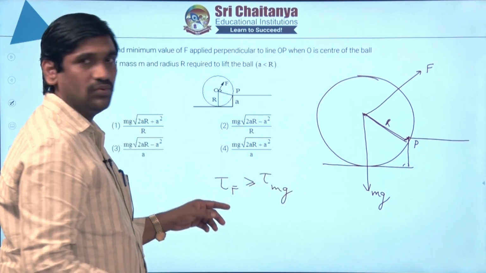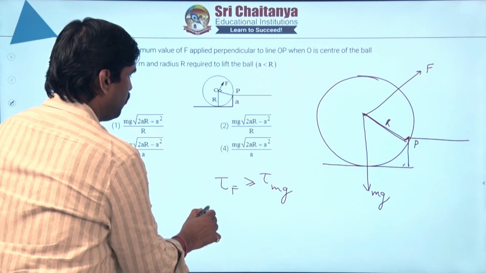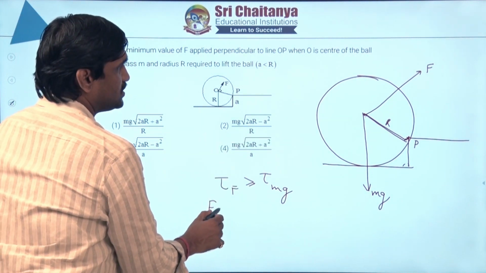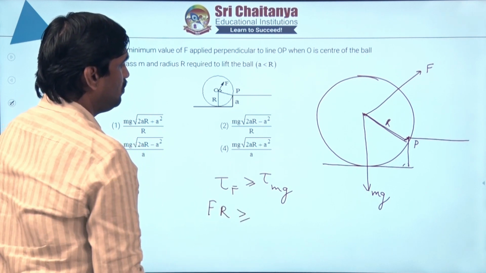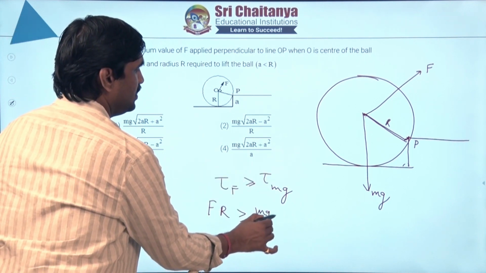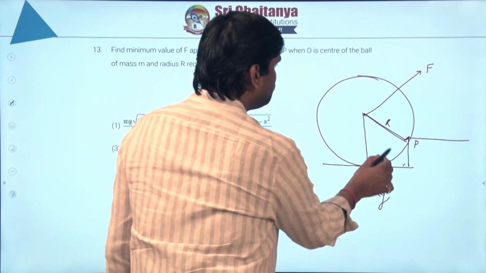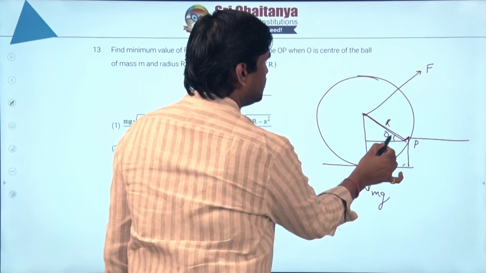Now, the torque due to F is equal to force into its perpendicular distance, that is R, greater than or equal to torque due to mg, that is weight mg into its perpendicular distance from it. This is the perpendicular distance. Let us consider theta.